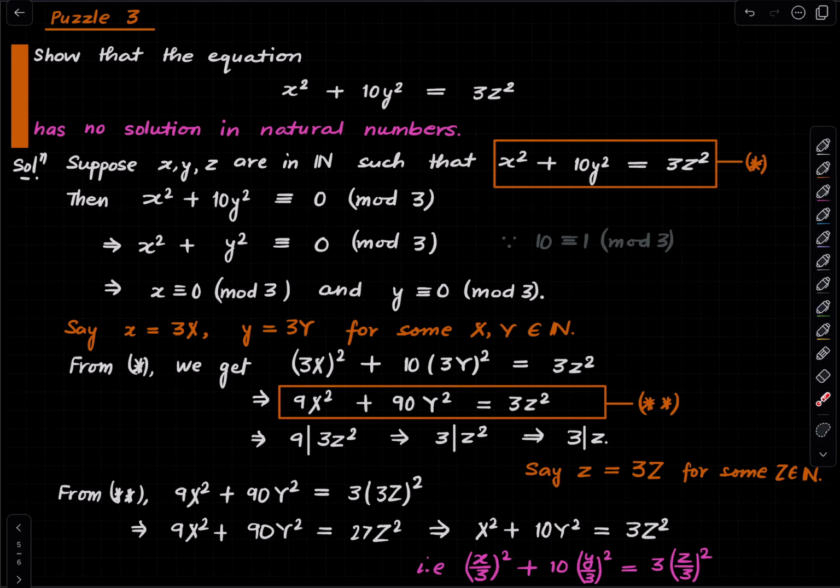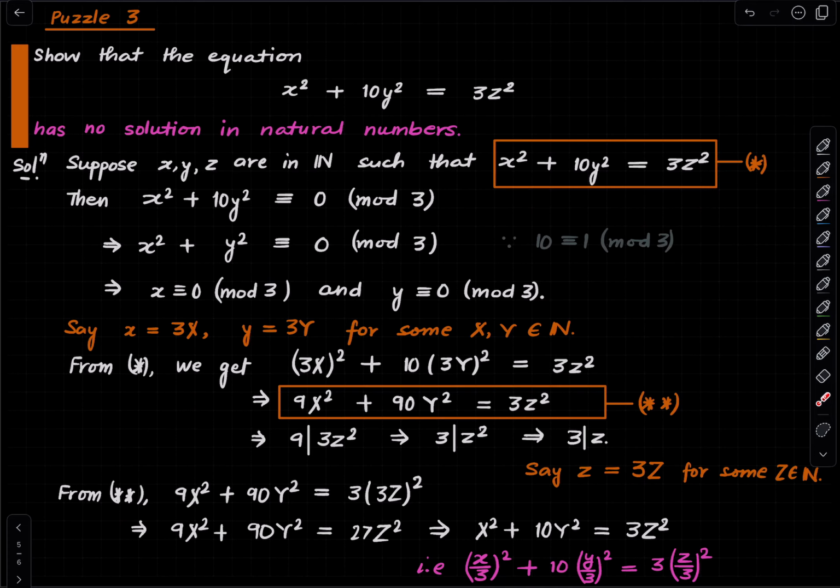And that should already ring alarm bells that you can just keep iterating this process. You can apply the same reasoning one more time to show that x by 9 whole square plus 10 times y by 9 whole square is equal to 3 times z by 9 whole square. Just same reasoning applied one more time, with x replaced by x by 3, y replaced by y by 3, and z replaced by z by 3. And you can keep going and keep going.